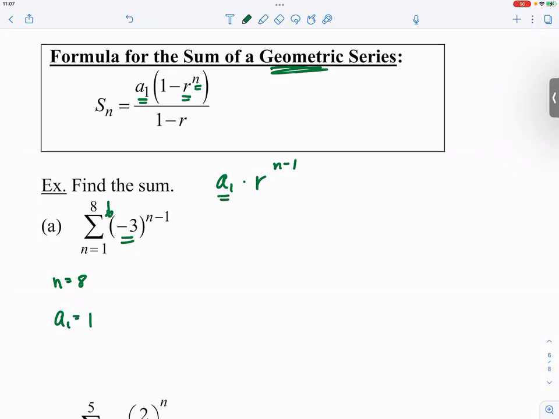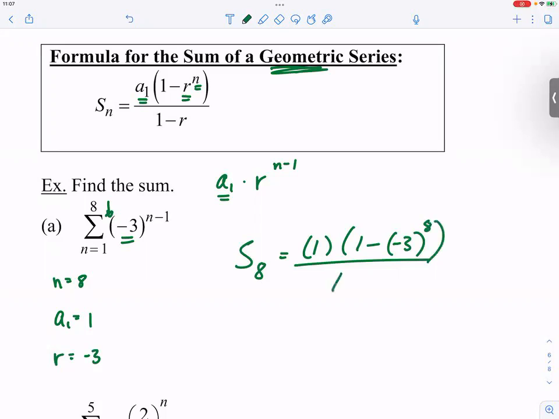The other way to find out that A1 is 1 is to plug in 1 for N. 1 minus 1 is 0, and negative 3 to the 0 power is 1. Then you can see the resemblance and the ratio. The ratio here is negative 3, so every single number, you are multiplying by negative 3 successively. To sum the first 8 terms, use the formula up there: 1 minus negative 3 to the nth power, close parentheses, over 1 minus negative 3.